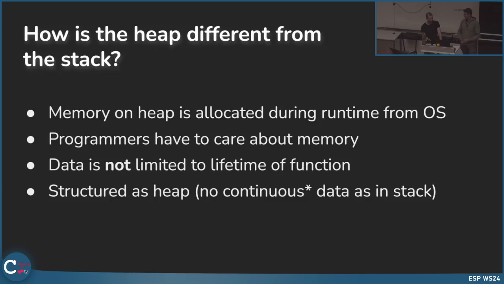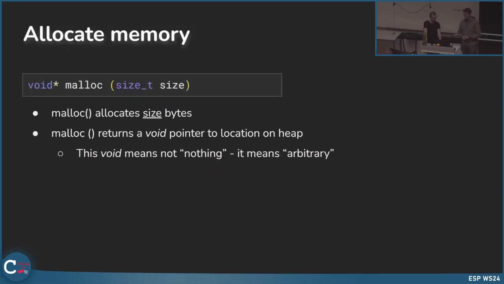We saw before that it's not deleted when a function is over, so we have to explicitly delete this array and free the memory. We didn't have to do that for variables stored on the stack, but when we use the heap, we have to take care of the memory. But the data is not limited to the lifetime of functions, so that's a huge advantage.